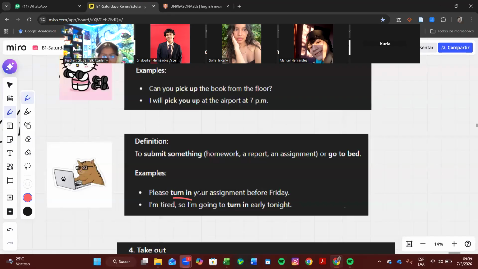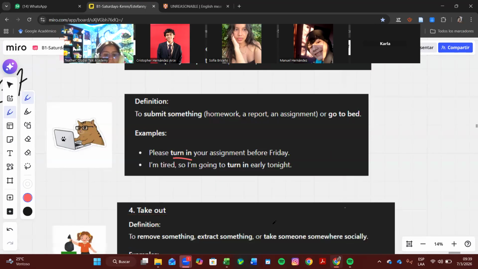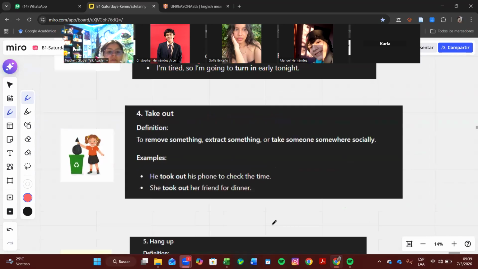Entonces tienen que entregarlo antes de la medianoche of today, right? So turn in. Then we have take out, to remove something, to extract something, or to take someone somewhere. So he took out his phone to check the time. For example, I put this image because we can say she takes out the garbage, okay? So it's like llevar la basura, sacar, take out, right?